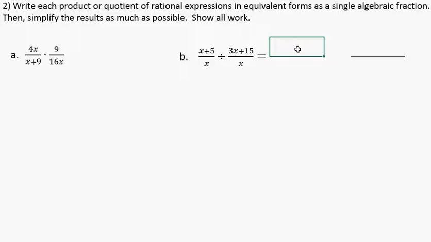So I leave the first one the way it is: x plus 5 divided by x. The second one, however, I have to flip it over or take the reciprocal.